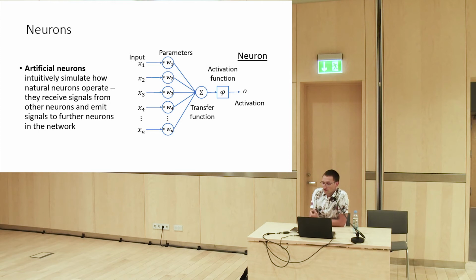Practically, here you see an example of how an artificial neuron looks like. There can be input signals from other neurons, or if it's the first layer of a neural network, then the input signal comes from outside.